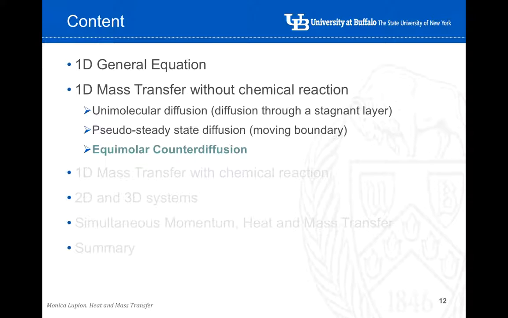Third case, equimolar counterdiffusion. I would say that amongst those three cases, the unimolecular diffusion and equimolar counterdiffusion are the most important ones. We'll see some cases when we apply the pseudo steady state diffusion, but most of the time, if you really understand the unimolecular diffusion and the equimolar counterdiffusion, it should be okay.